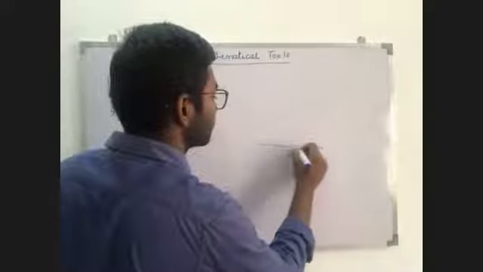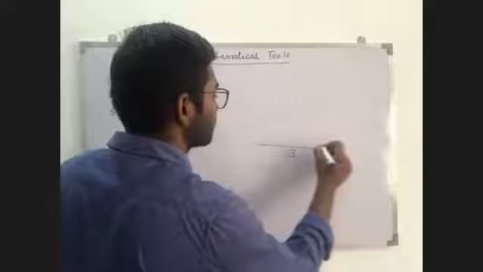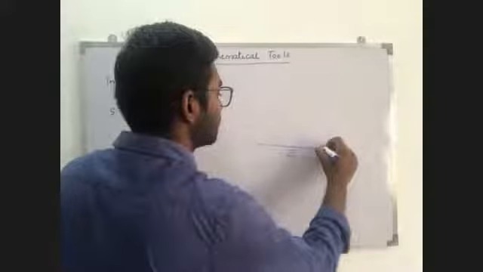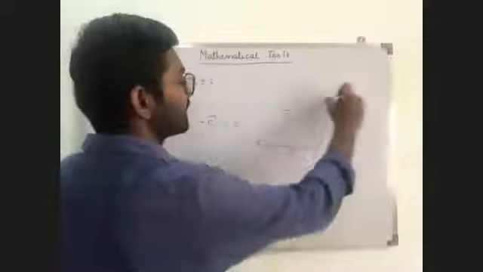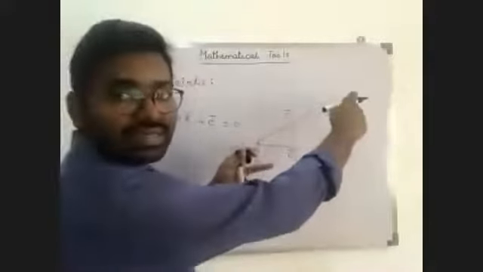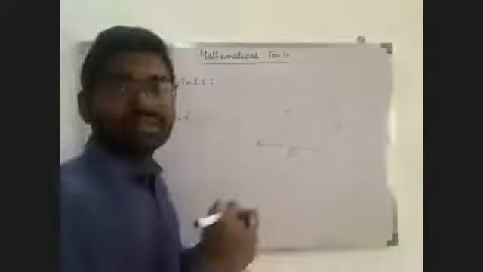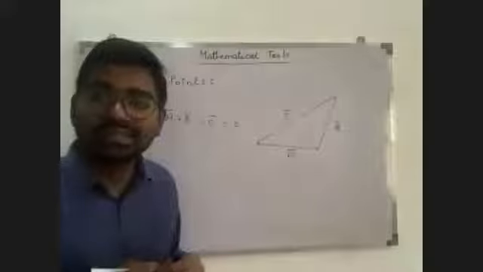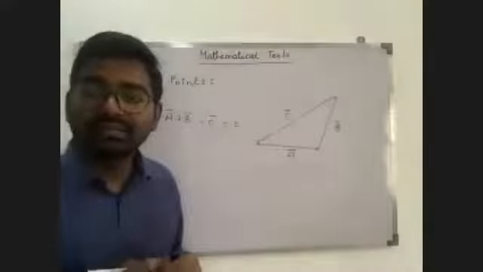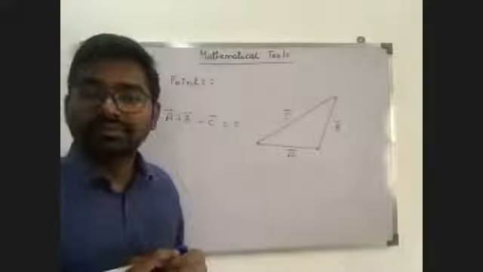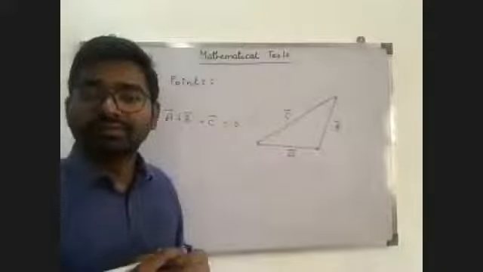Because if you look, this is A vector, this is B vector, resultant of A plus B in this direction, and same magnitude but opposite in sign, vector C.